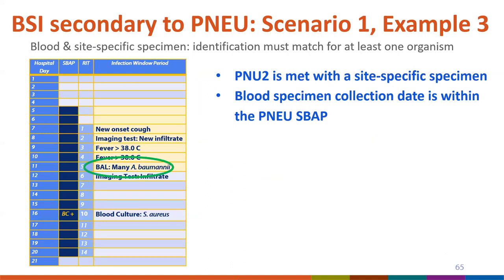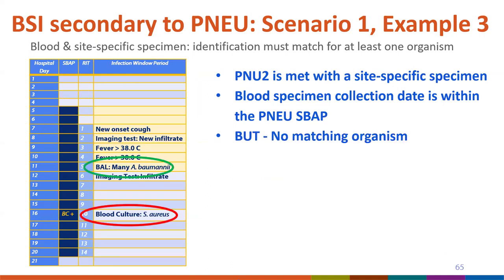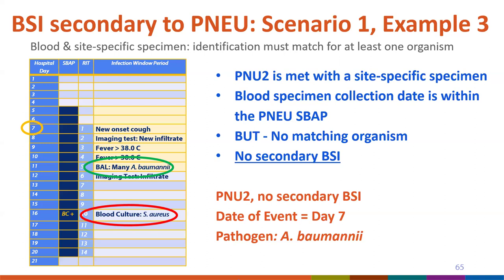In this next example, there is no matching organism, so the BSI cannot be determined secondary to NEW2. The determination in this case is that NEW2 is met with the organism identified from the BAL specimen, the Acinetobacter, but no secondary BSI is identified.